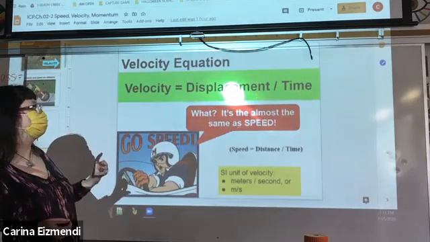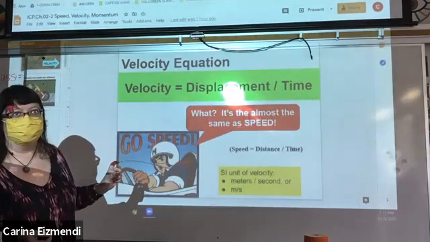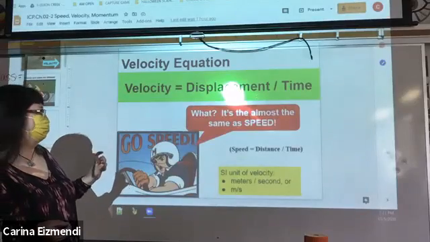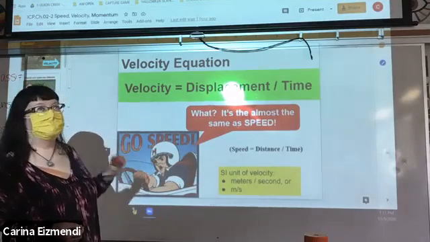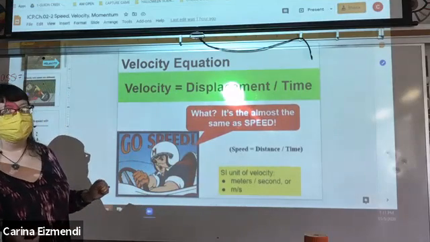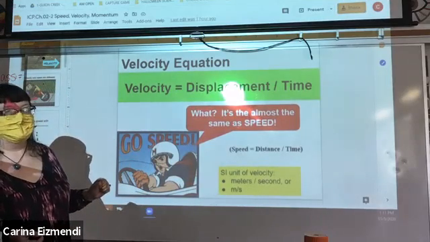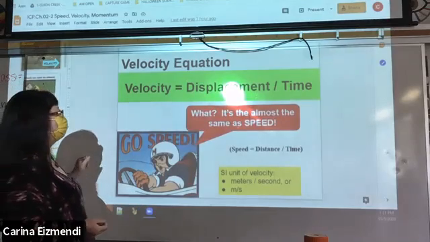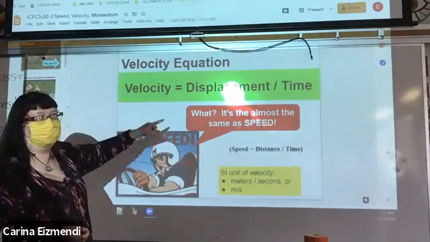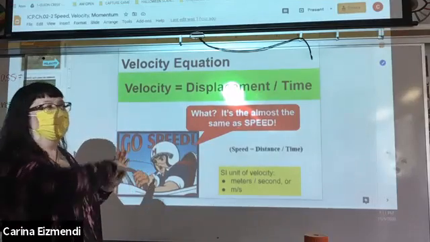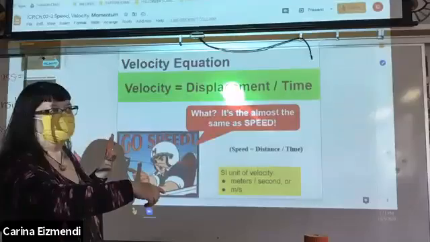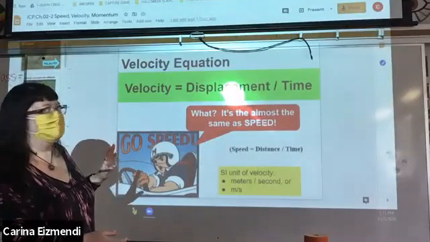Then distance and displacement are sometimes the same. If you're just going at a straight constant velocity, distance and displacement will be the same. So it's almost the same, but there are some times when it's not the same, and those times are when you're reading it off a graph and the velocity changes.